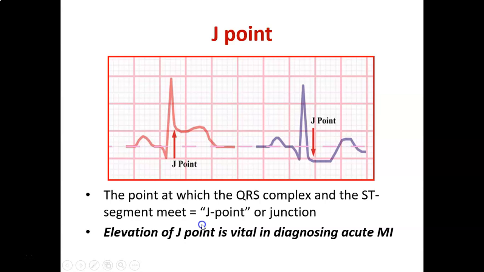The elevation of the J point is extremely important in diagnosing myocardial infarction, because in case of myocardial infarction on the ECG, it's vital that the J point must be elevated. ST segment can be elevated in many other conditions, but the J point elevation is extremely characteristic of myocardial infarction.